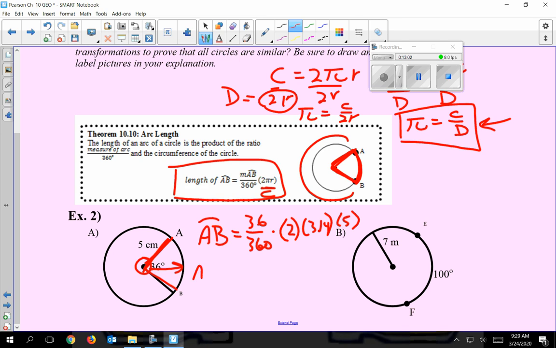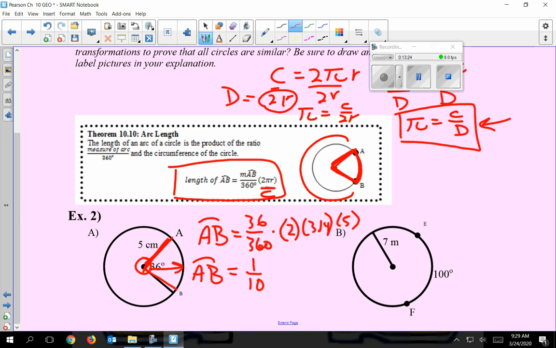Now, just because I'm an old guy, we were taught to reduce this 36 over 360 into a fraction, okay? If you want to change it to a decimal, perfectly fine, but remember it's 36 divided by 360, so you should get a decimal answer.